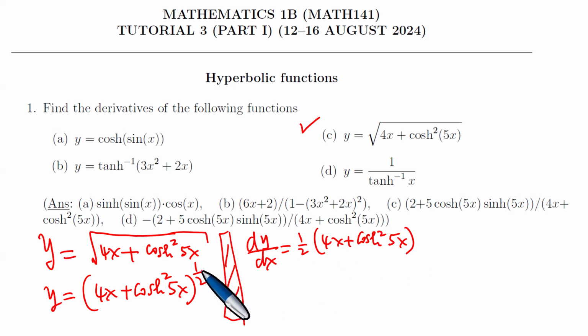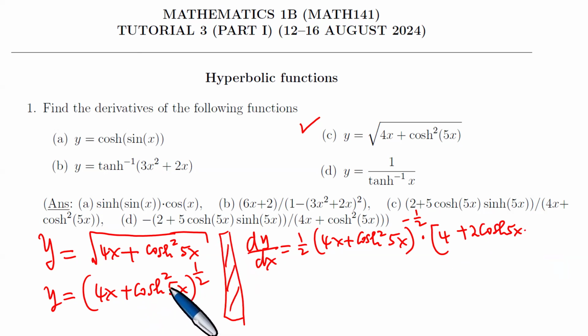You subtract 1, you bring down the 1/2. 1/2 minus 1 is minus 1/2. We multiply by the derivative of the interior. The derivative of 4x is just 4, plus the derivative of the cosh squared. You bring down 2. You have the cosh.